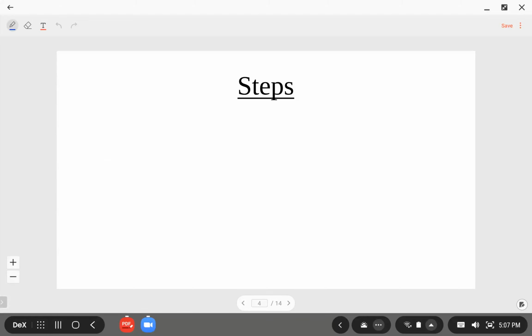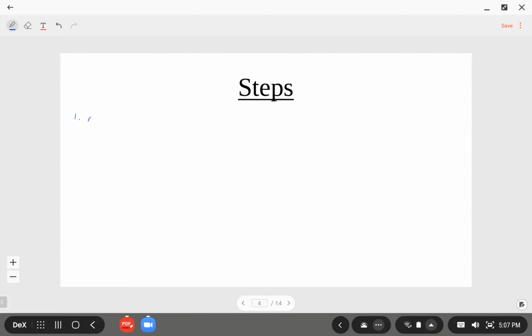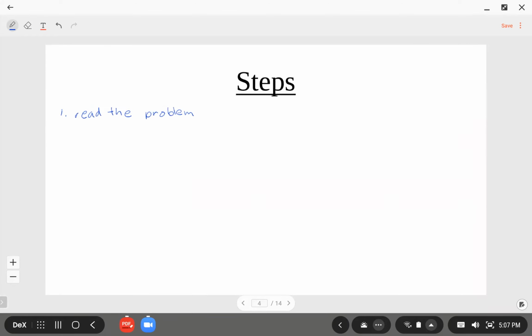Steps. First, you read the problem. Yes, of course you read the problem. If you don't read the problem, if you don't get all the details in, then how are you going to solve the problem? Step 2, find the fastest method.